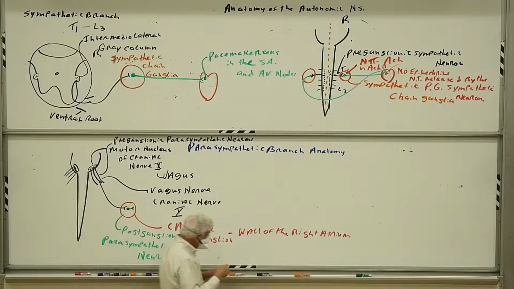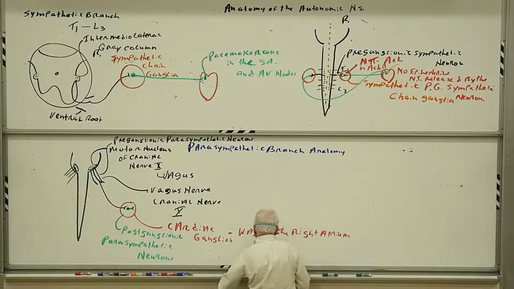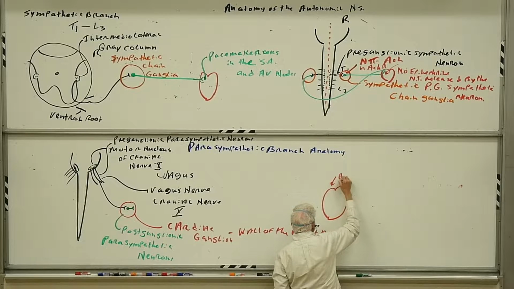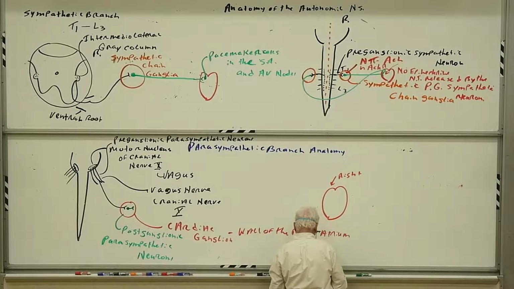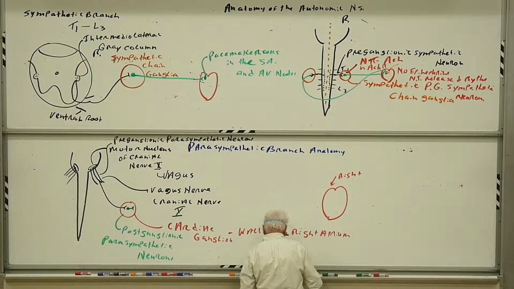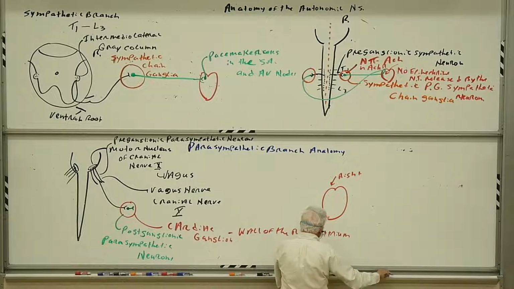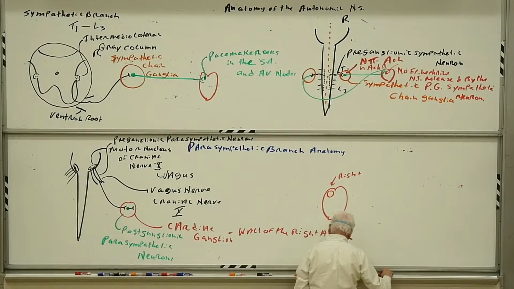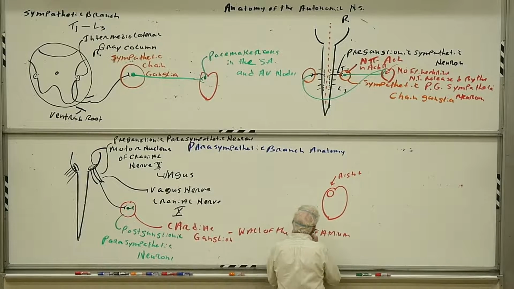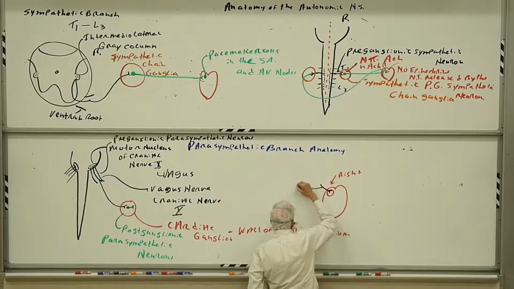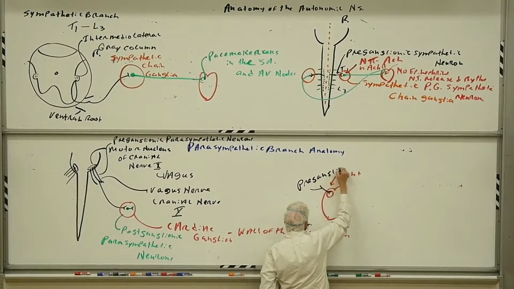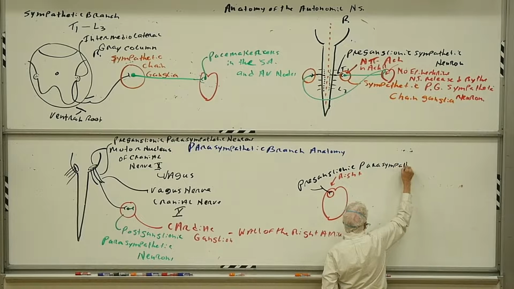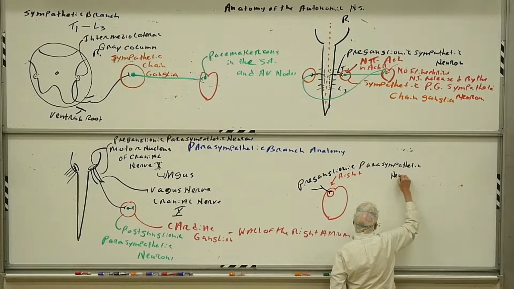And if we look closely at one of these cardiac ganglia, if we try to put it into context, if we use the simple heart, where this is going to be the right side, we're going to see that the ganglion will receive synaptic inputs from this preganglionic parasympathetic neuron.